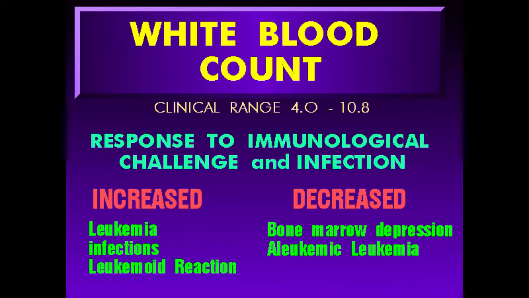Pathologically increased total white count values are seen in leukemia, infections, and leukemoid reactions. A decreased total white count value, less than 4.0, is observed in bone marrow depression, in the later stages of HIV infection, in other words AIDS, and in aleukemic leukemia.